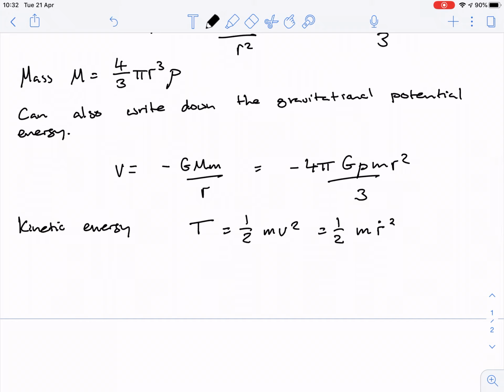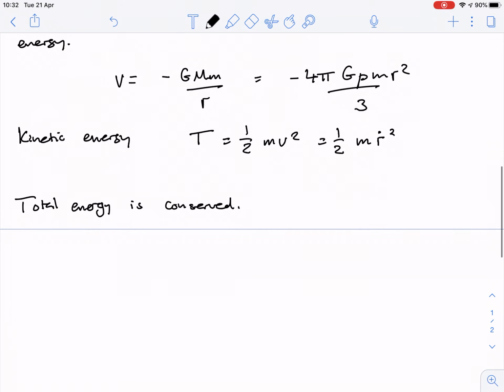And since total energy is conserved, we can just add those together. So the total energy U is just the potential plus the kinetic, which is equal to 1/2 m r dot squared minus 4 pi G rho m r squared over 3.